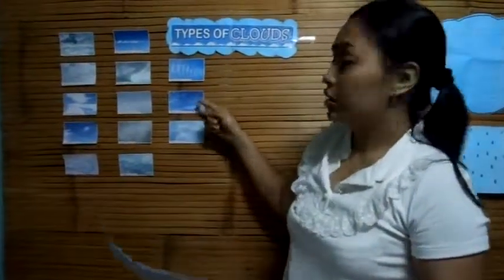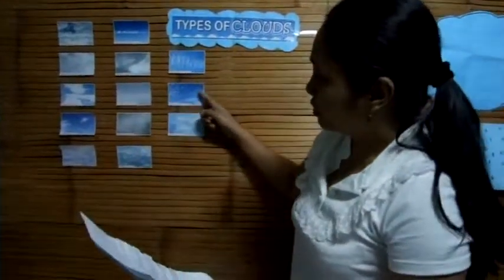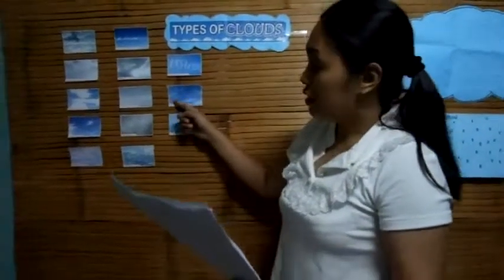They are small rounded puffs that usually appear in long rows, like this one, often called mackerel sky because the sky looks like the scales of a fish. They are usually seen in the wintertime and indicate fair but cold weather.